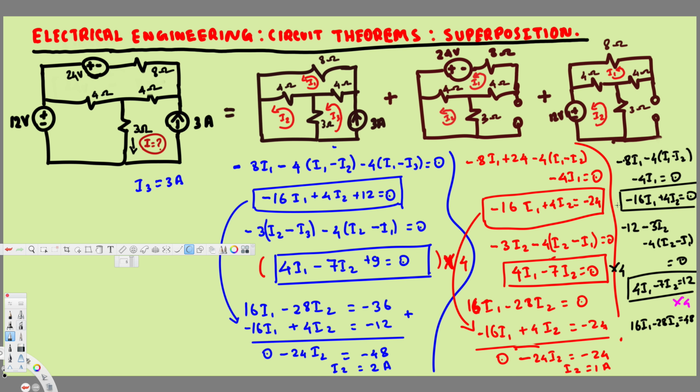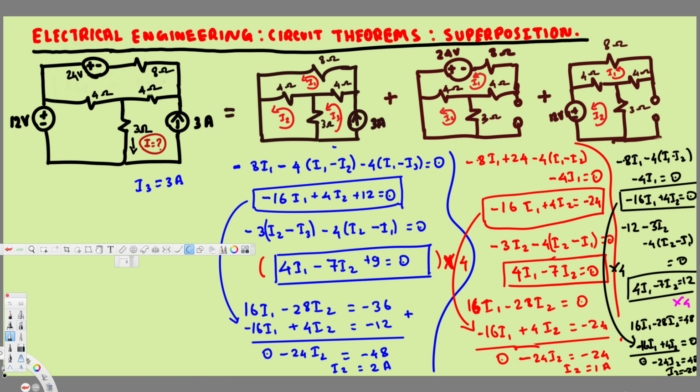And let's bring this one right here. This is going to be negative 16 I1 plus 4 I2 is equal to 0, and if you add them together, this is going to be 0 I1, and this is going to be negative 24 I2 equal to 48. Therefore I2 is going to be negative 2 ampere.